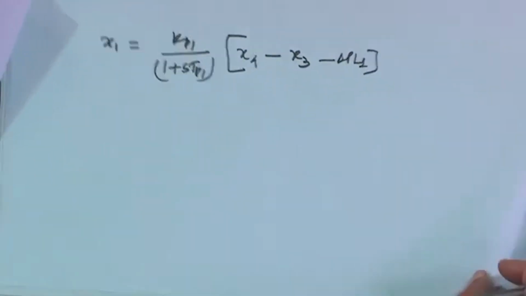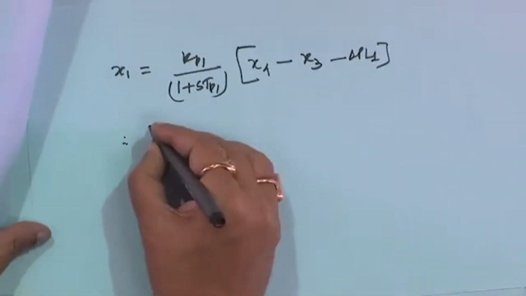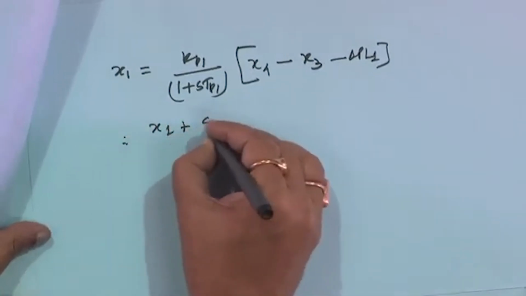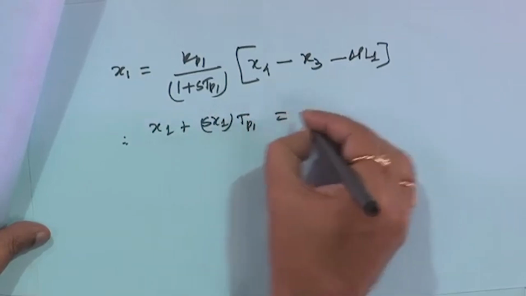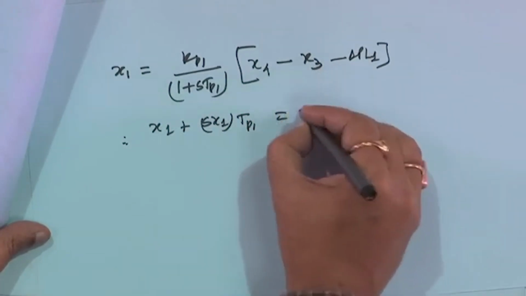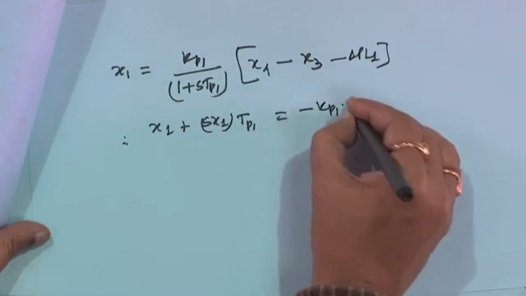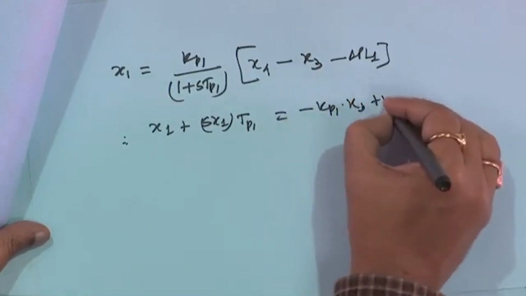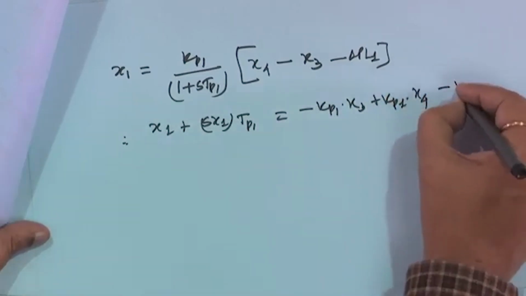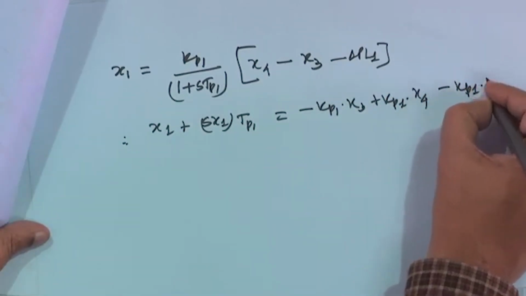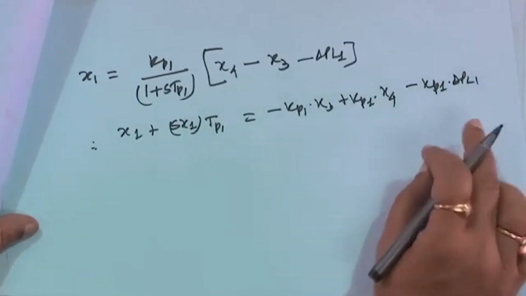That means, if you go for cross multiplication, then x1 plus s x1 into Tp1 is equal to minus Kp1 into x3 plus Kp1 into x4 minus Kp1 into delta PL1.